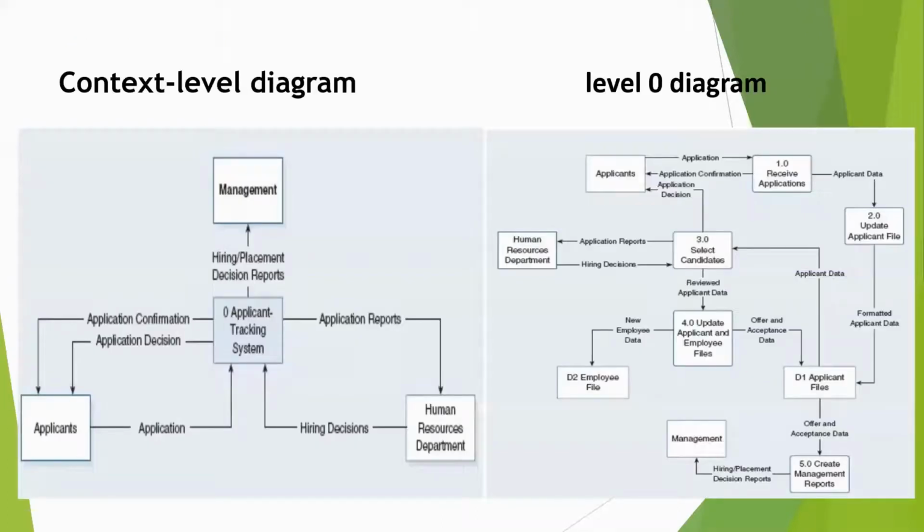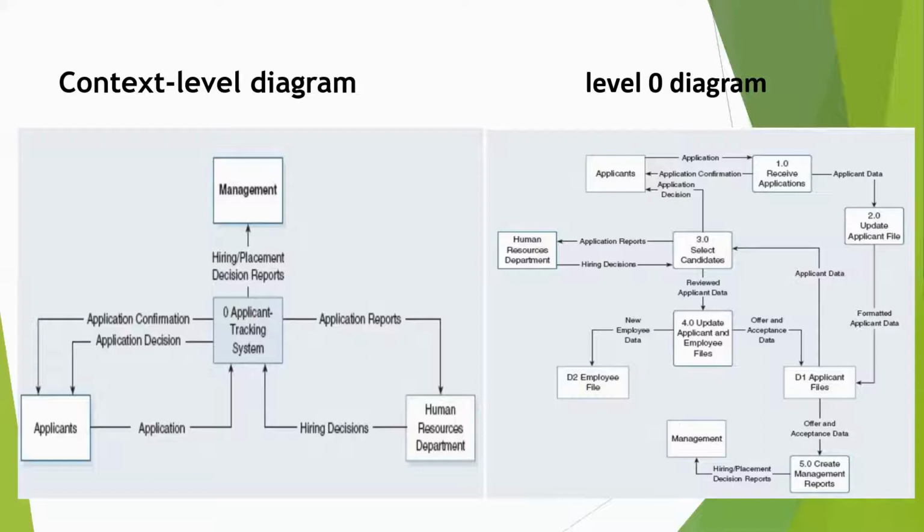Now here is the presentation of the context level versus level 0 diagram. As we can see here, every diagram is given a label, and 0 applicant tracking system is the main processing unit here, and the arrows represent the flow and the direction of the process.